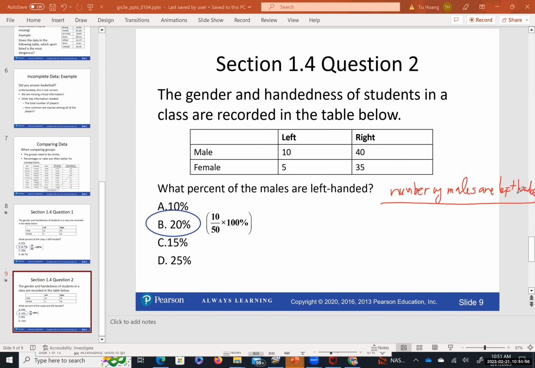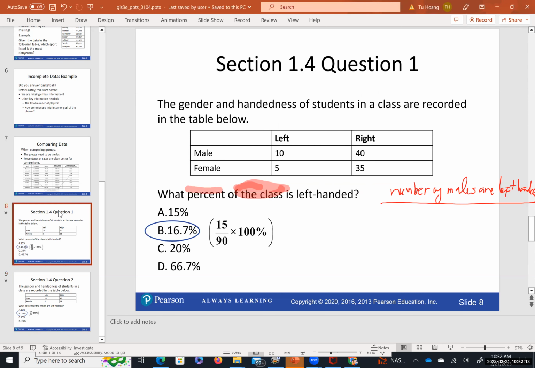Remember, they say the percent of the males. See this, right? It's similar to the question before, where they said the percent of the class. We mean everyone, right? Of everyone.